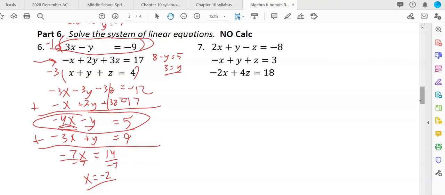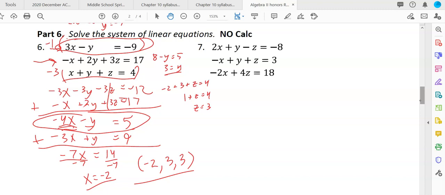Plug back into the third equation, so we're plugging in this one. So we get x is negative 2 plus 3 is y plus z equals 4. So I get 1 plus z equals 4, so z equals 3. So my answer is negative 2, comma 3, comma 3.